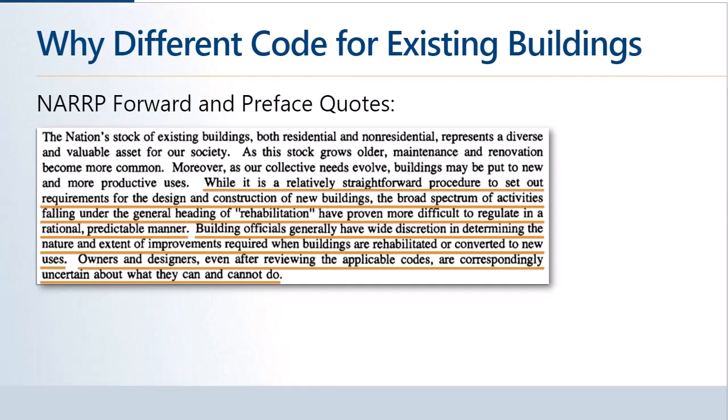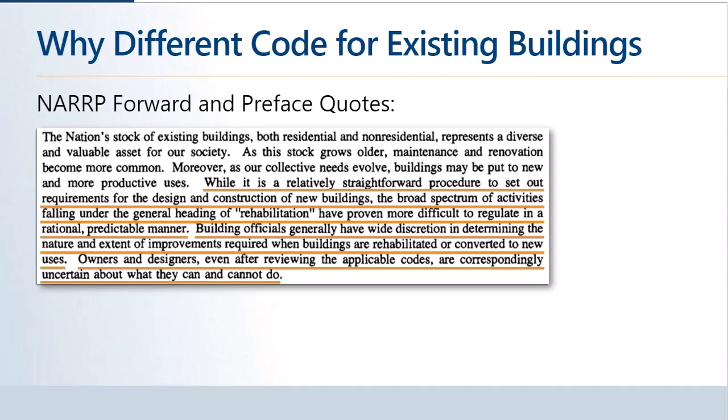Building officials generally have wide discretion in determining the nature and extent of improvements required when buildings are rehabilitated or converted to new uses. And then owners and designers, even after reviewing the applicable codes, are correspondingly uncertain about what they can and cannot do.